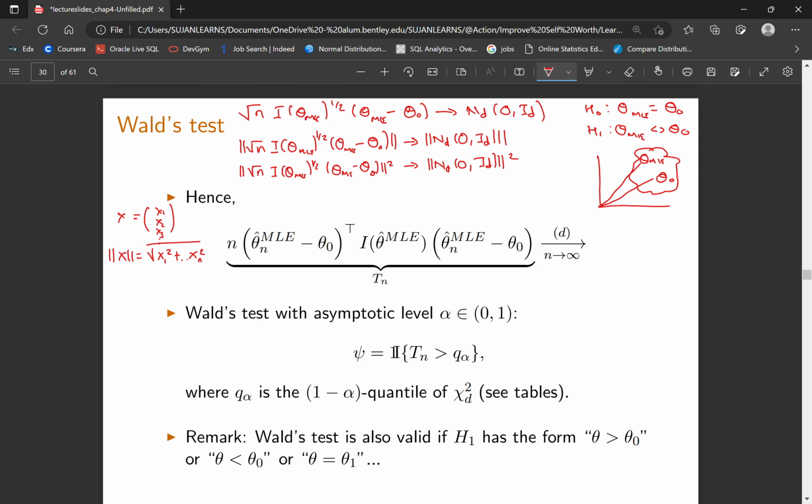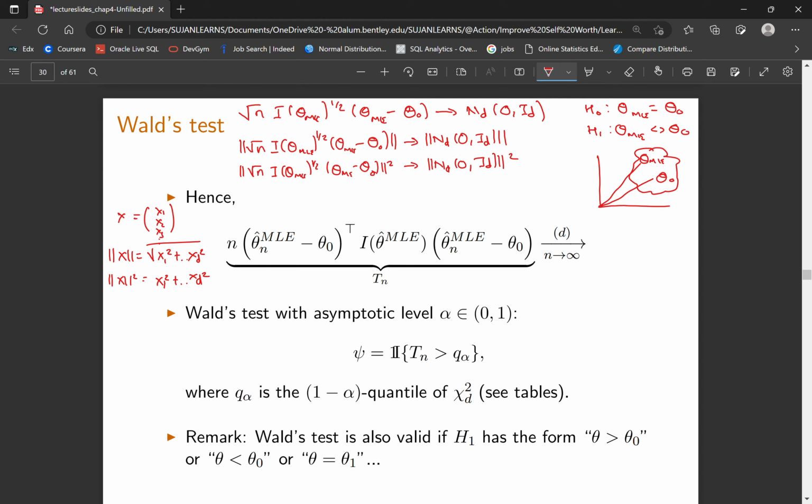Now let's take the square of this, and we have x1 square plus up to xd square. Let's take d here.